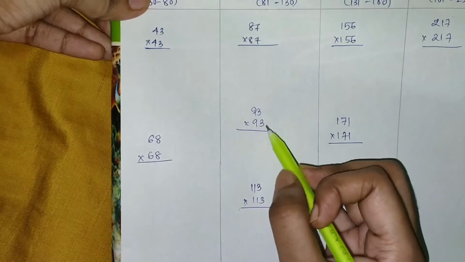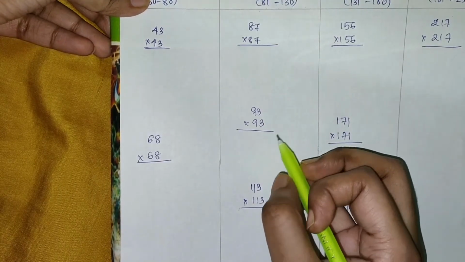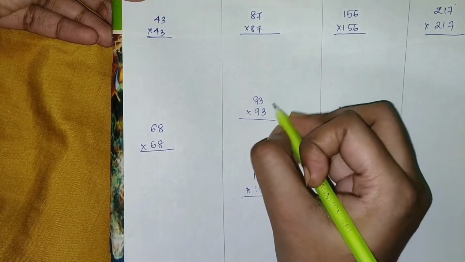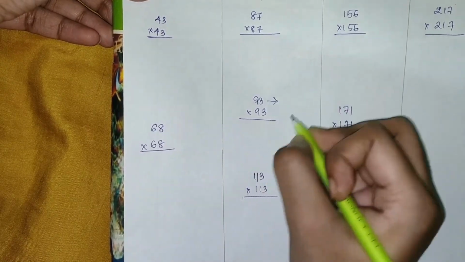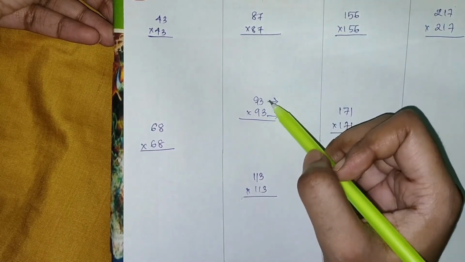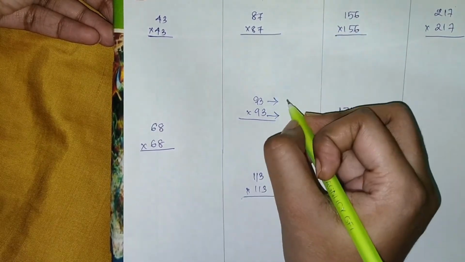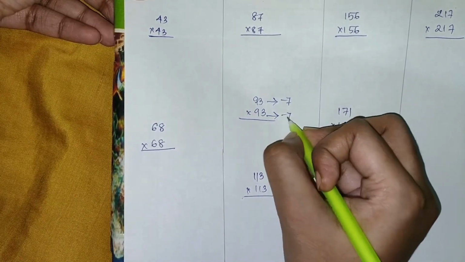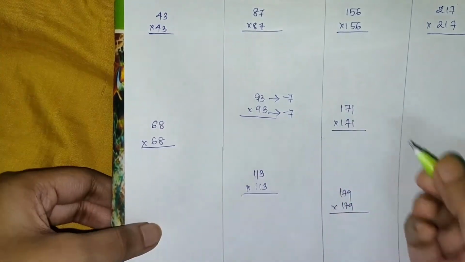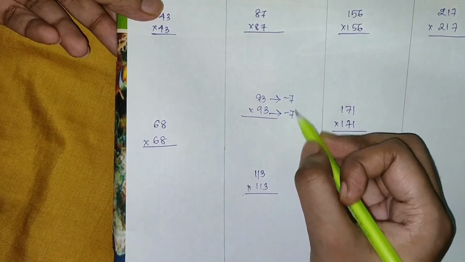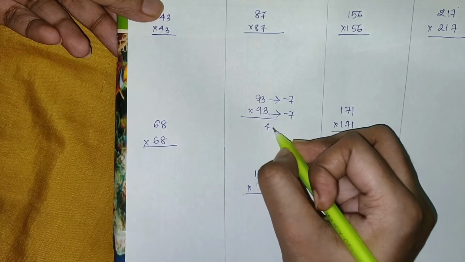So let's start with the 93 example. In order to find the 93 square, we first note down how much 93 is less than 100. 93 is 7 less than 100, so we write minus 7 here. Our next step is finding the square of 7, so that's 49.